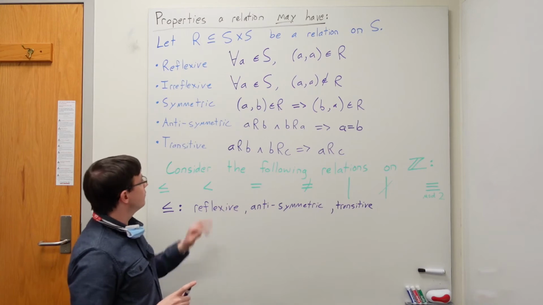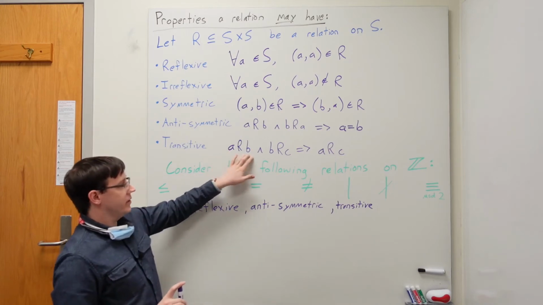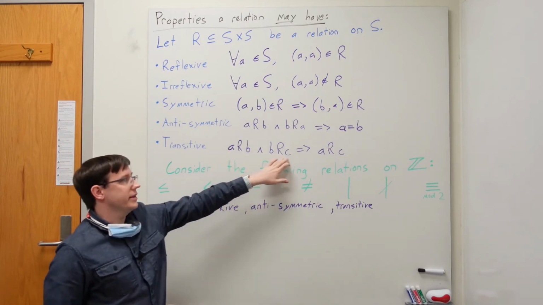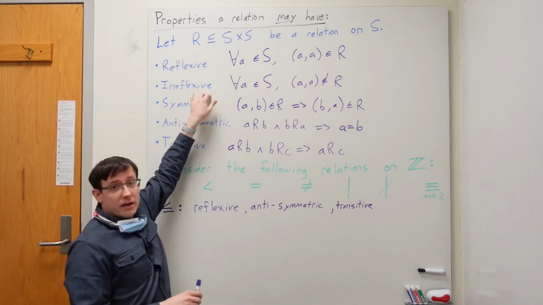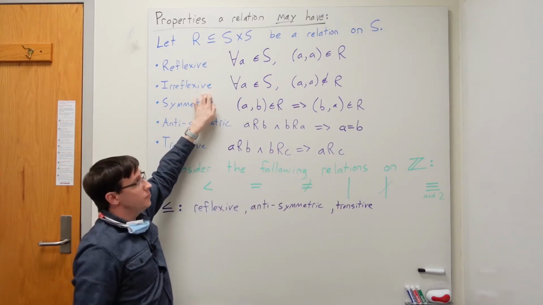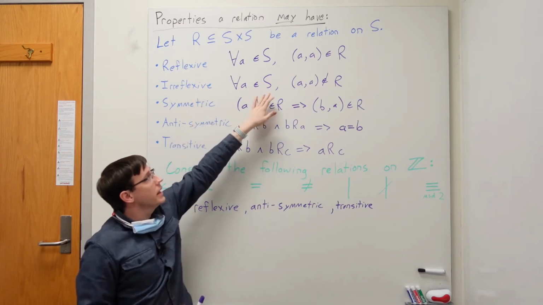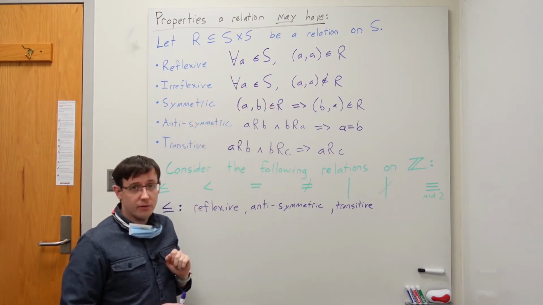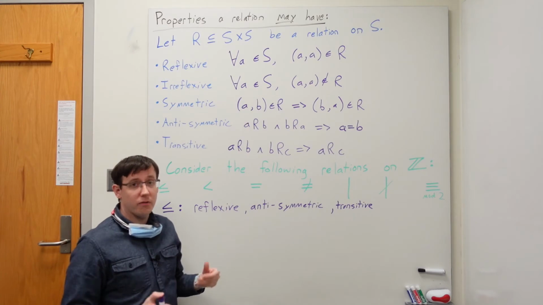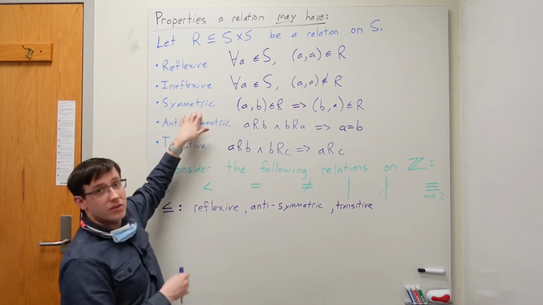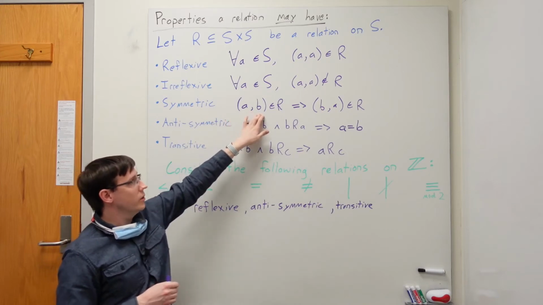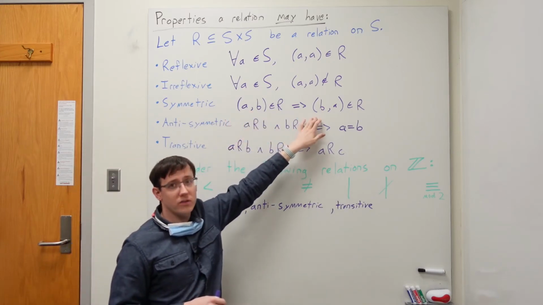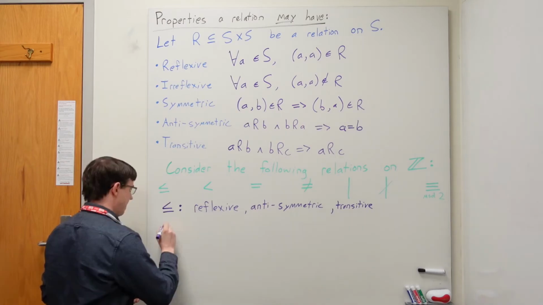It's transitive because if A is less than or equal to B and B is less than or equal to C, then A is less than or equal to C. And it's not irreflexive because we have examples like 0 is less than or equal to 0 of a number being related to itself. And it's not symmetric because we have counterexamples like 1 is less than or equal to 2, but 2 is not less than or equal to 1.